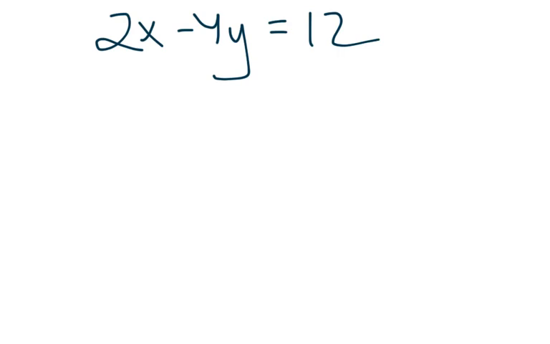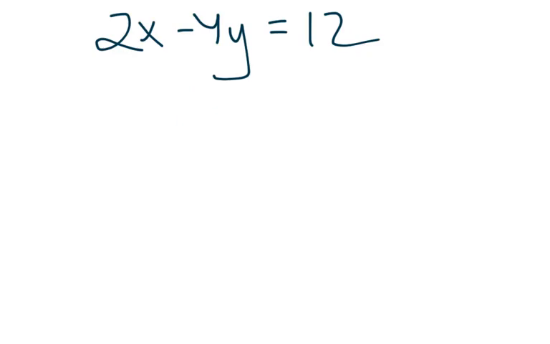The reason you probably want to get the y by itself is because of this. If you remember y equals mx plus b, we haven't done it yet this year, but we will. And this is solved for y, meaning, remember, solve for means get by itself. So the y is by itself. So the most common application of this in an algebra class is trying to get the y by itself.